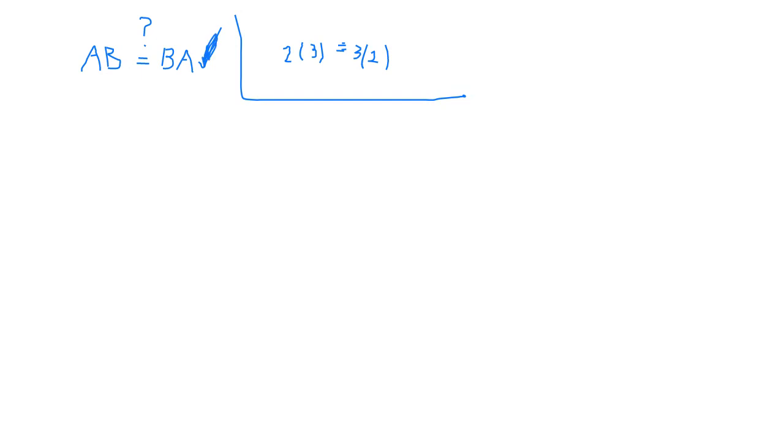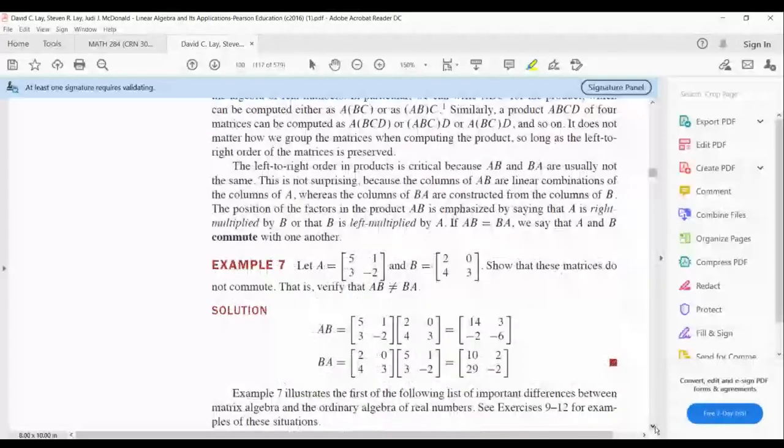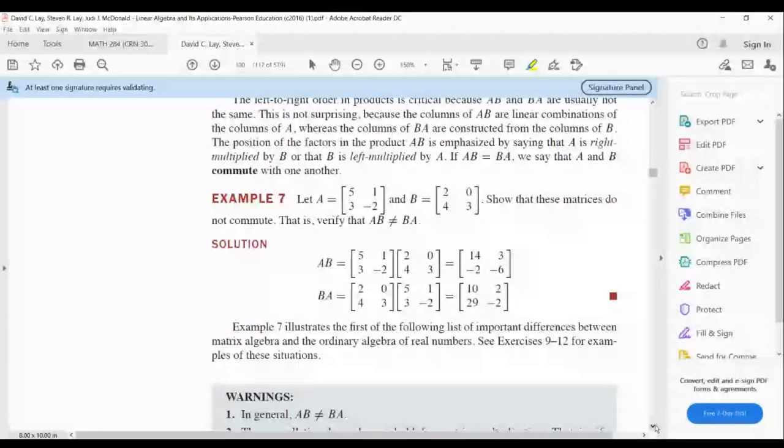Well, Abby and Lewis are right. The answer is no. Matrix multiplication is not commutative. We can just see an example of that. In example 7, they have a matrix A and a matrix B, and they multiply A times B, and they multiply B times A, and they get two different product matrices.